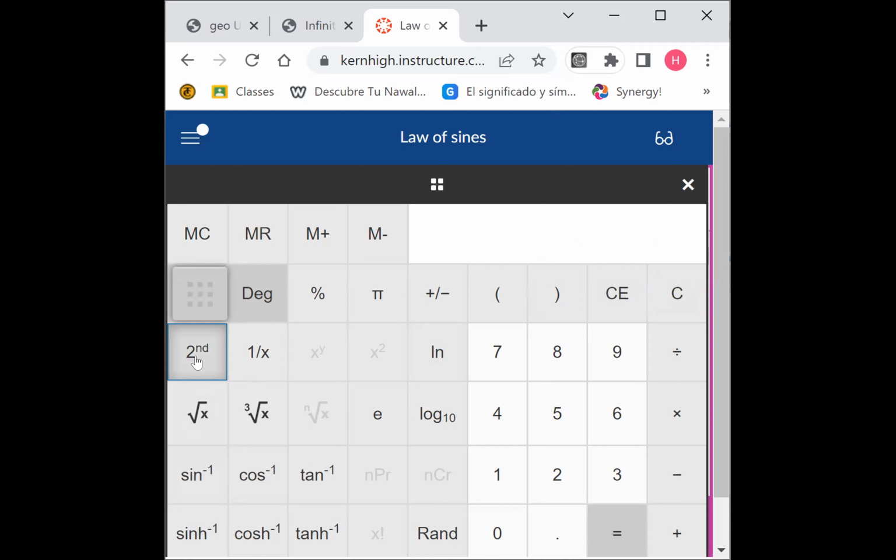I'm going to use second, so that way I can see sine inverse of 7 over 12. So 7 divided by 12. Close my parentheses. Nearest whole number, right? So 35.6. I'm going to round it to 36. I'm going to the nearest whole number.